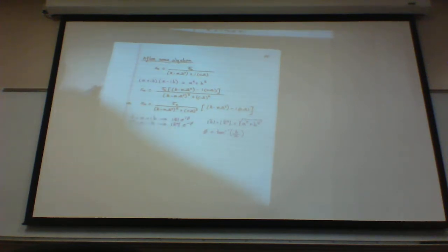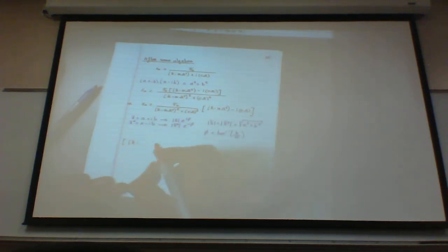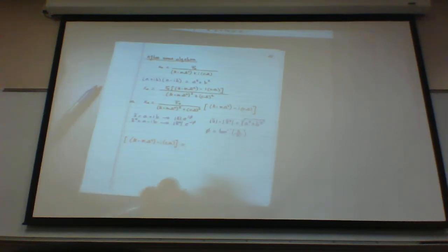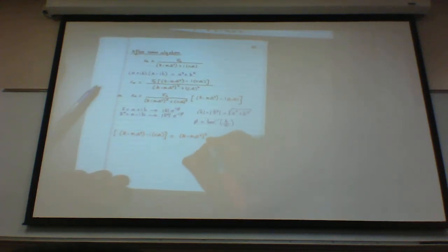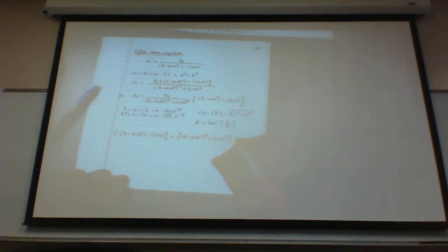So using this, let's rewrite this term over here. The term k minus m omega squared minus i c omega will be equal to what? k minus m omega squared, squared, plus c omega squared, all times e to the i phi.